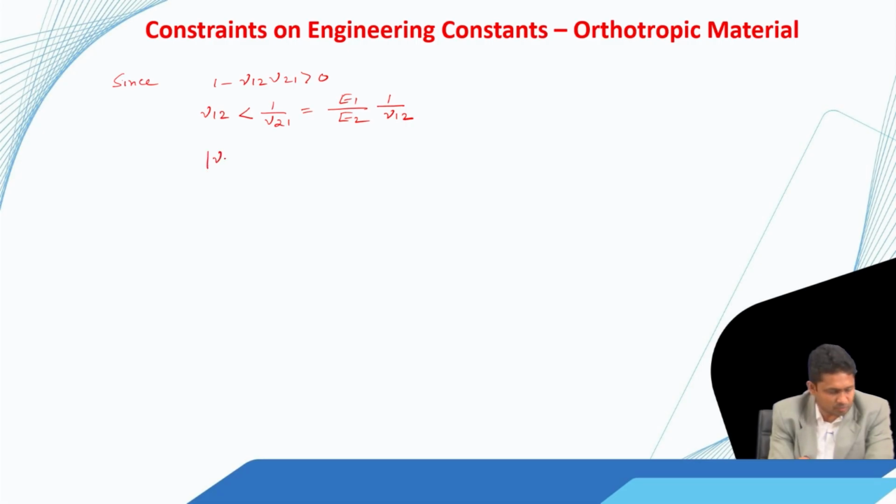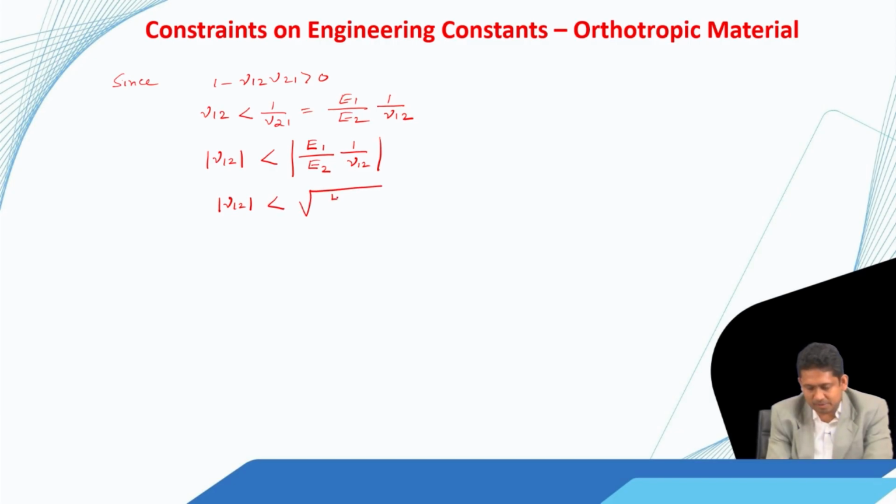So, with this we can infer that the mod of nu12 should be less than the mod of the ratio E1 by E2 multiplied by the reciprocal of nu12, and again from here, just another consequence of this relation, the mod of nu12 should be less than the square root of E1 by E2.